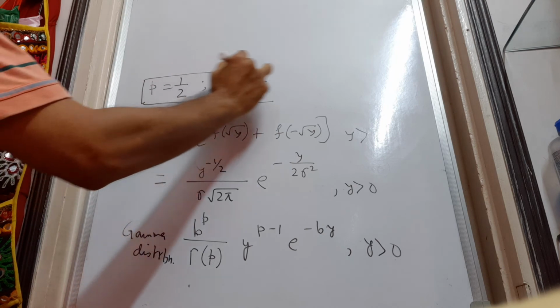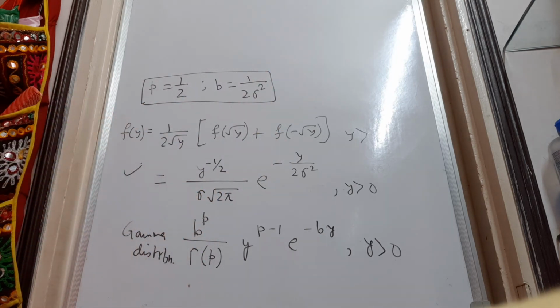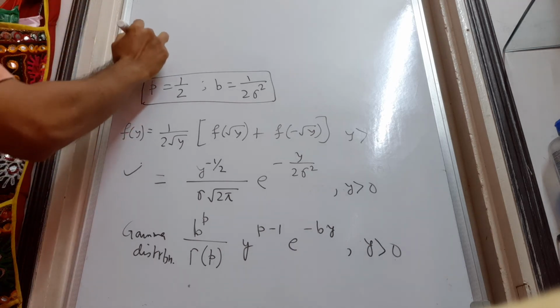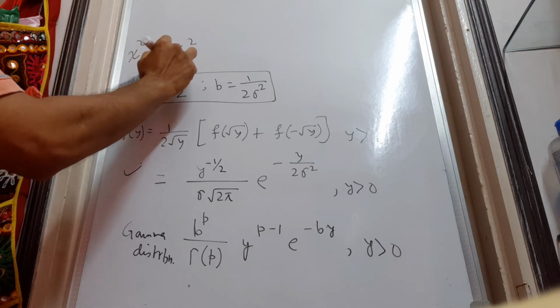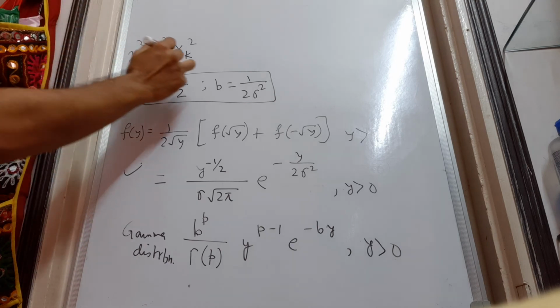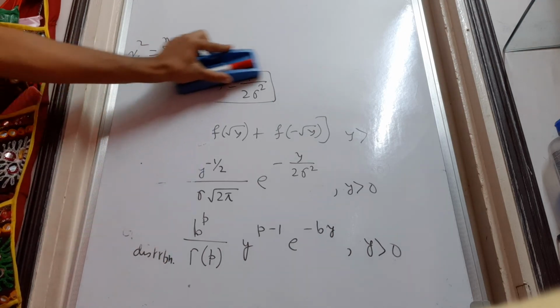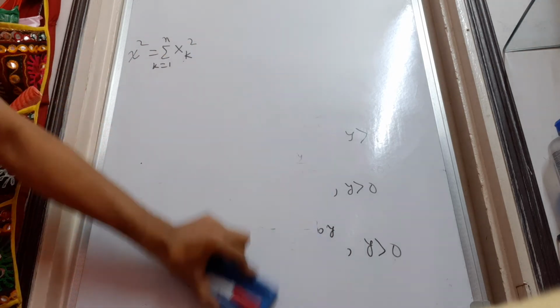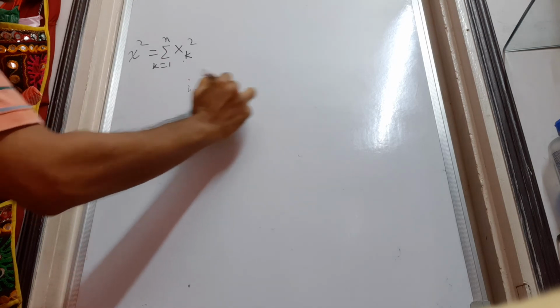we may write this as the distribution of chi-square. What is chi-square? Remember, chi-square is the summation of xk square, and they are identically and independently distributed RVs.